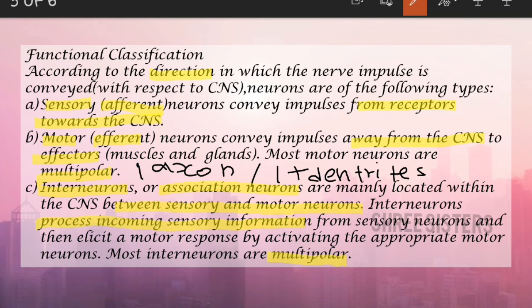So that is what interneurons or association neurons are. They help the association between the sensory and motor neurons. I hope you understood. And these interneurons are multipolar.